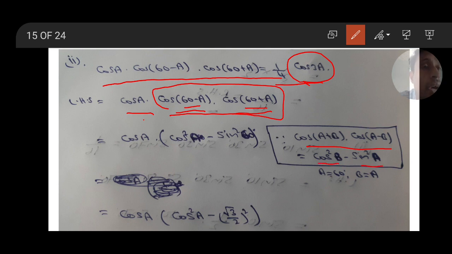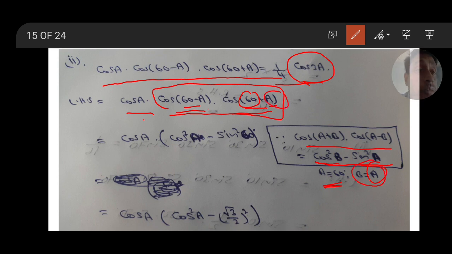I am using the formula cos square b minus sin square a, because here b is a degrees and a equal to 60 degrees. So here a equal to 60 and b equal to a.